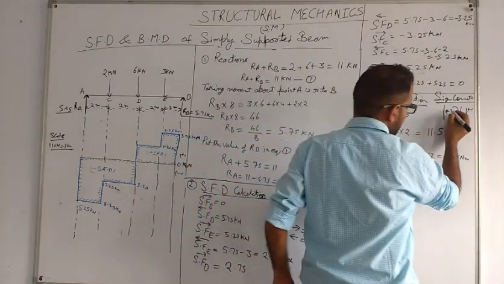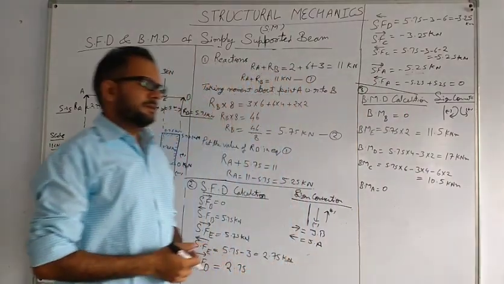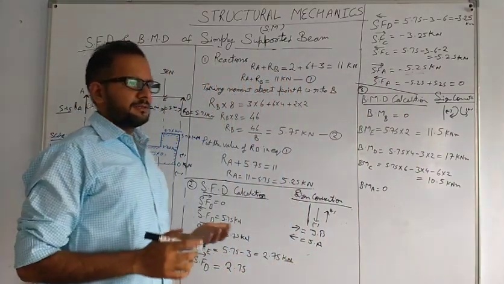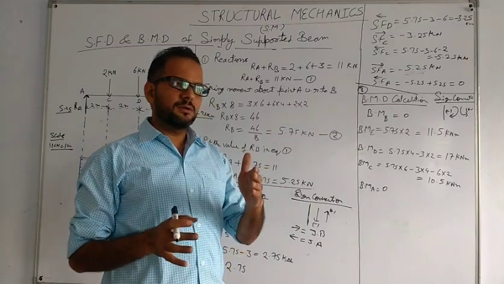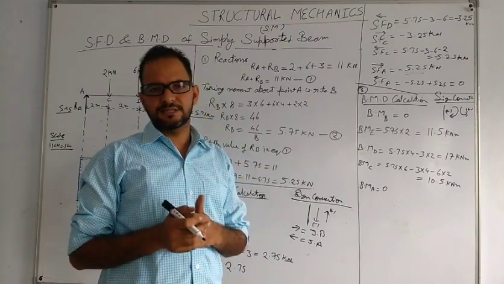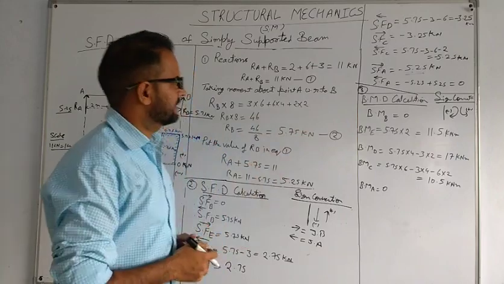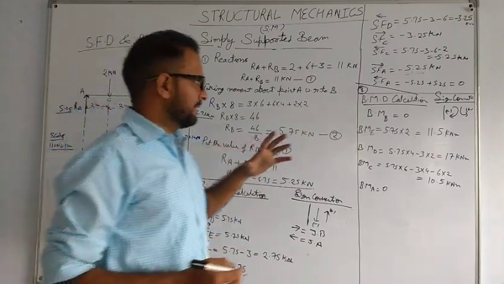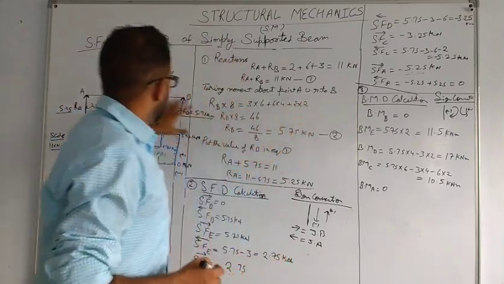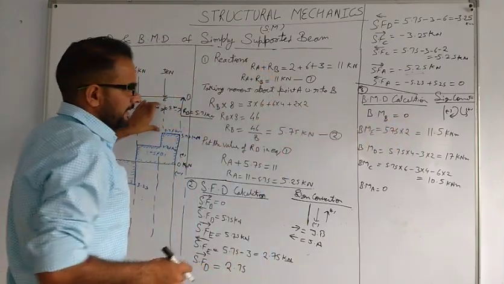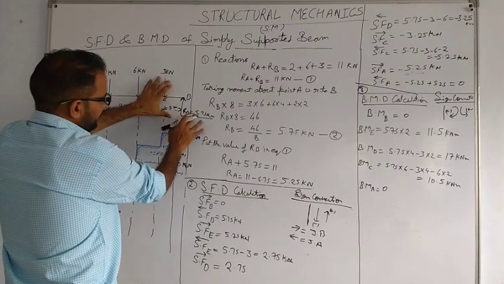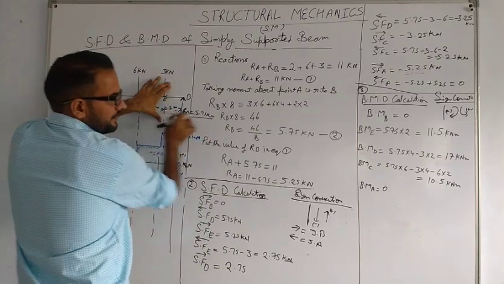The definition of bending moment is the algebraic sum of all the moments working on either side of the section, either right side or left side. So now we are calculating the bending moment at different points. Bending moment at point B is 0. Bending moment at point E: look here, 5.75 and the distance is 2 meter.